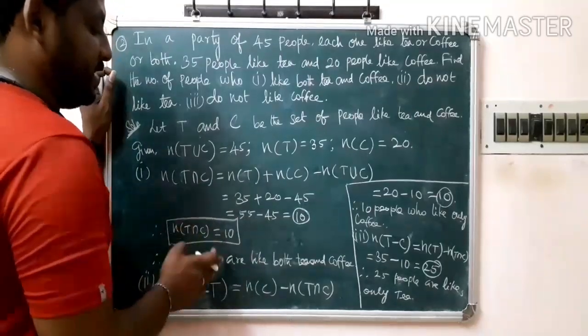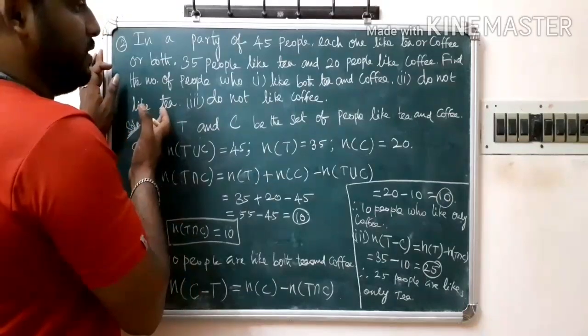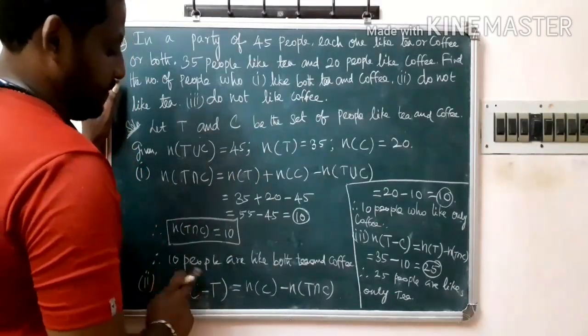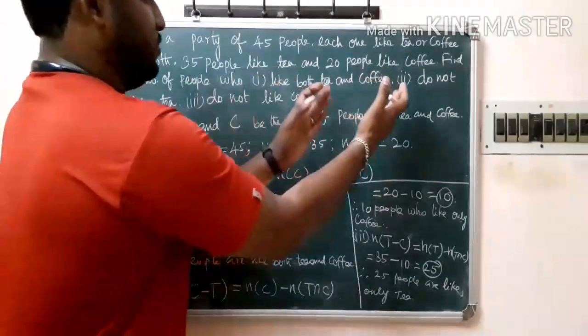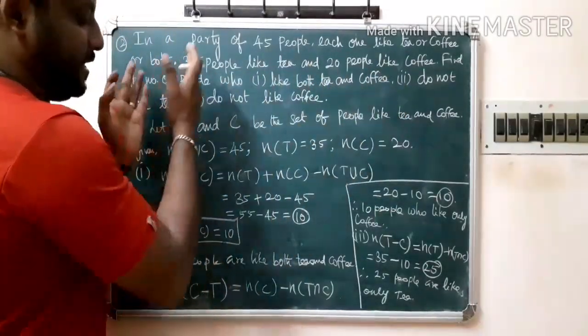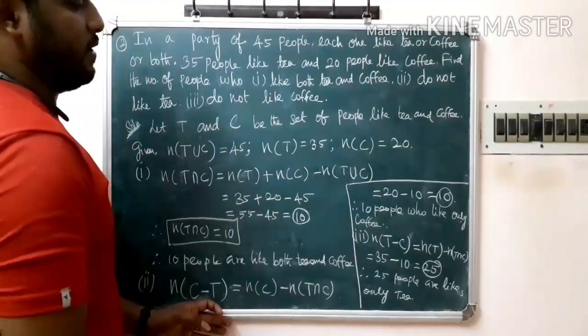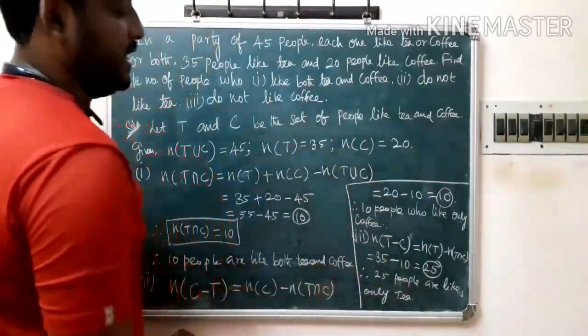So using this intersection part, we can find out the people who do not like tea and the people who do not like coffee. The people who do not like tea means n of C difference T, the people who like only coffee. That is 10 people. And do not like coffee means the people who like only tea.